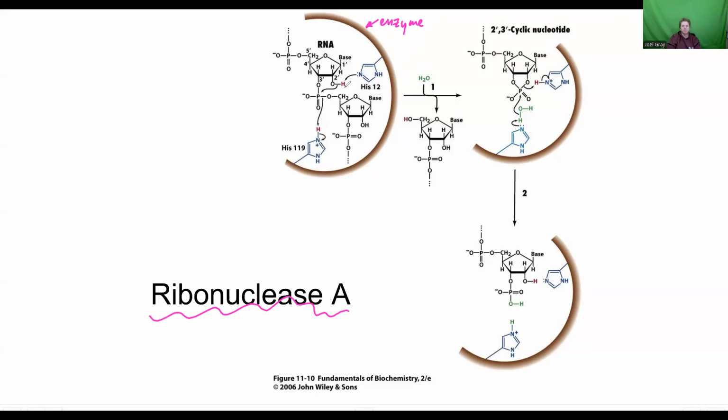No, it doesn't. We've got two that are highlighted. Where do you think those two amino acids, His 119 and His 12, are in the overall structure of the protein?